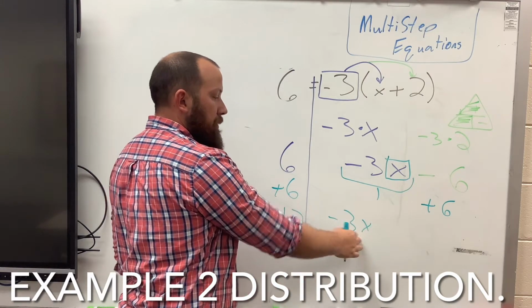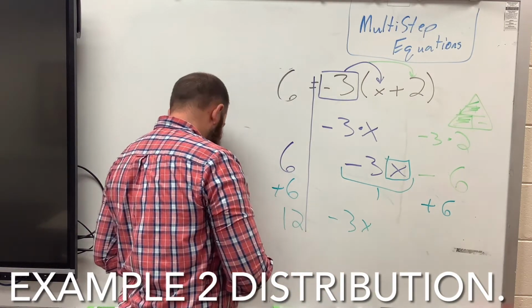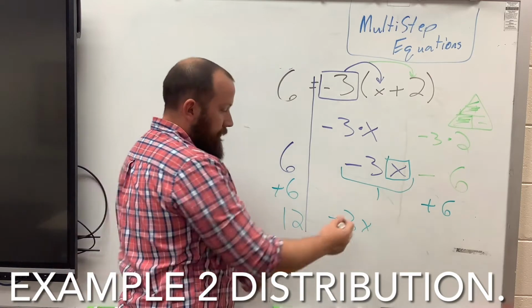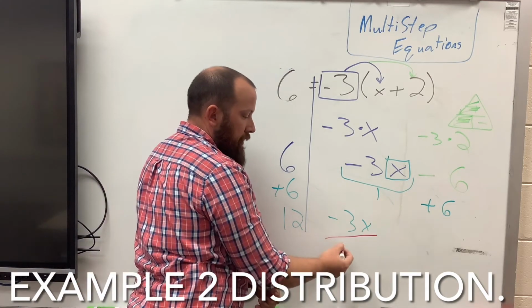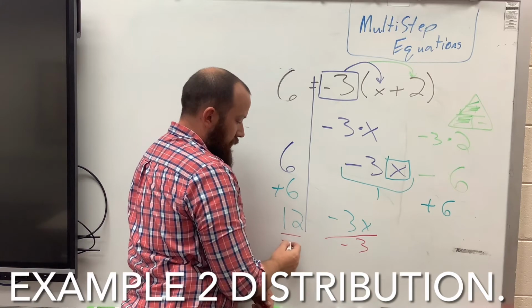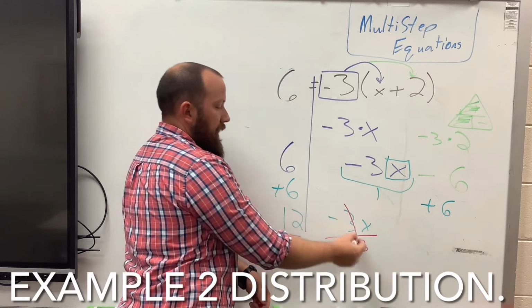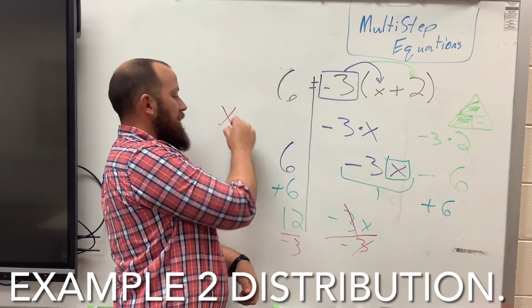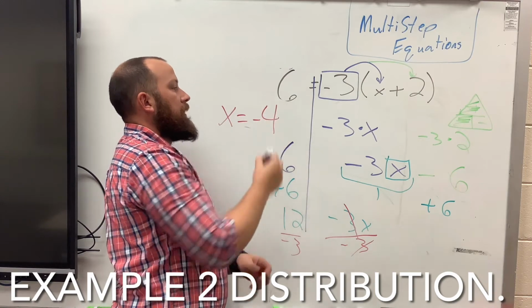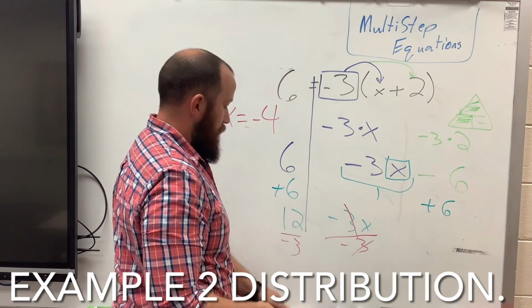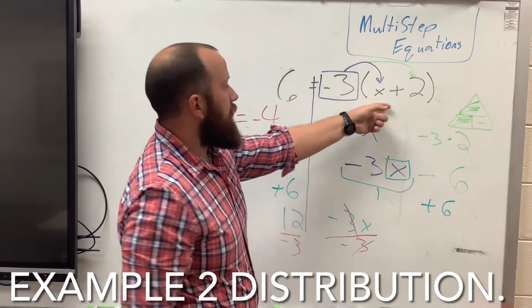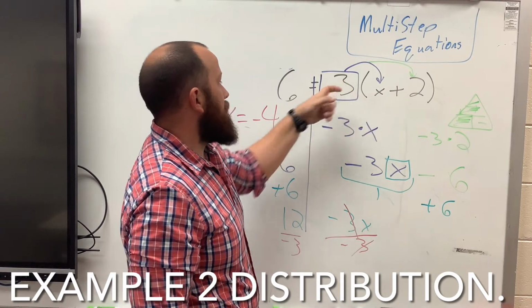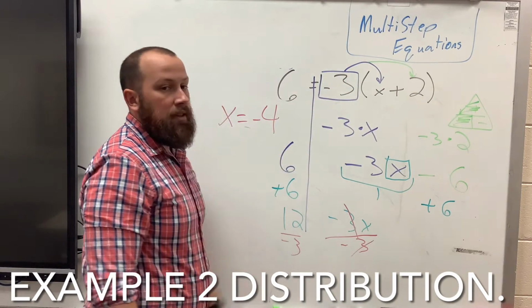Now, what's going on here is multiplication. So how do I get rid of multiplication? I divide. And those cancel each other out. This gives me x equals -4. If I check it, take this, plug it in, it gives me -2. -2 times -3 is 6. So that is the correct answer.